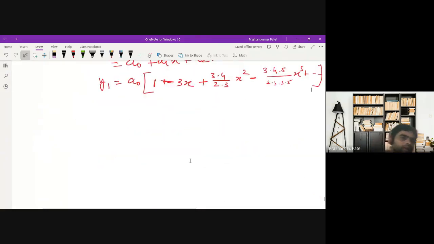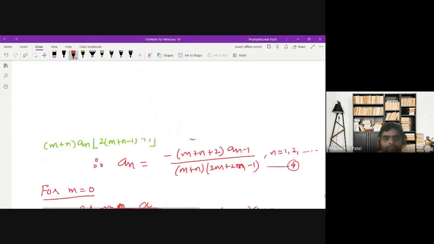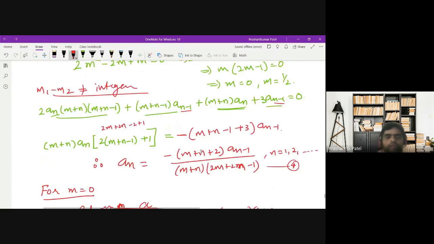Same way, I give you as an exercise to calculate for m equal to 1 by 2, because the other value of m we have calculated is 1 by 2. So can you calculate for m equal to 1 by 2 yourself?